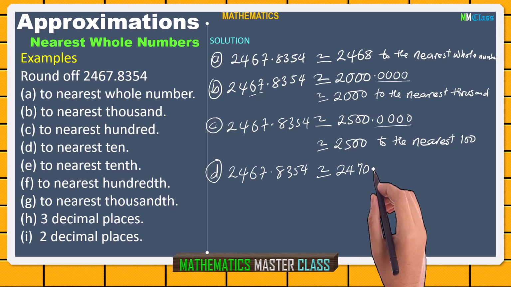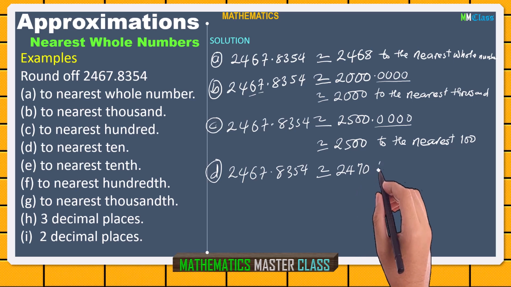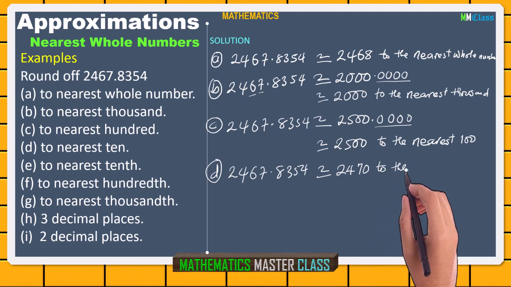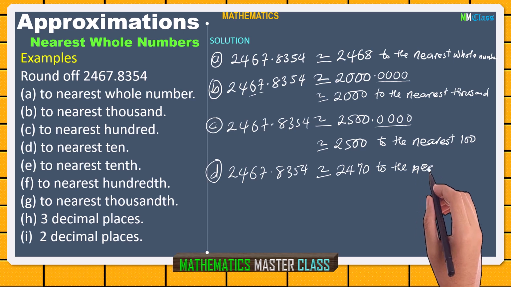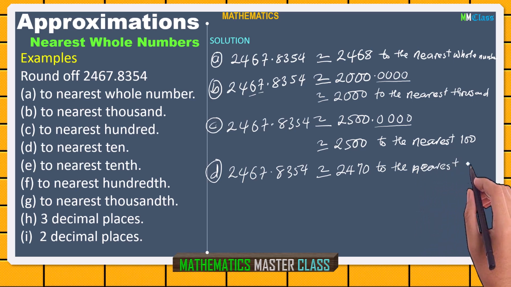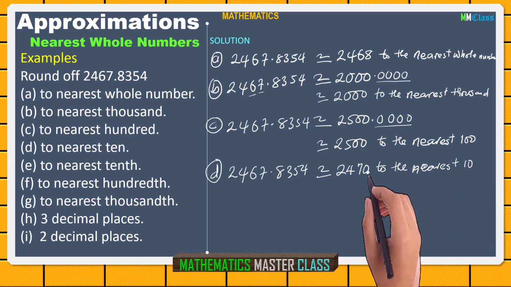Any other zeros after the decimal point are not needed. So our final answer to the nearest 10. So you can see, because it's to the nearest 10, you have 1 zero here.